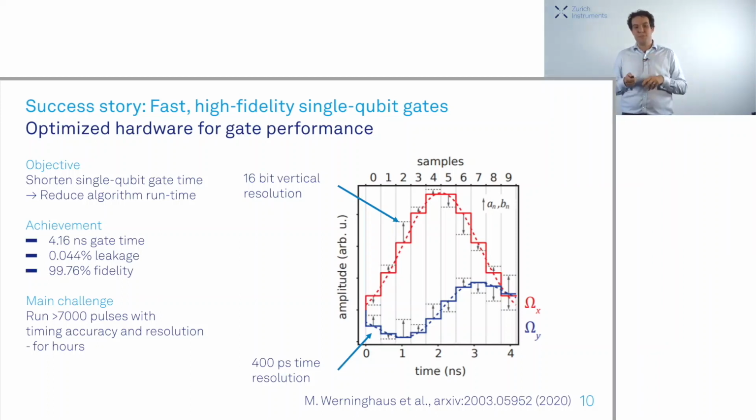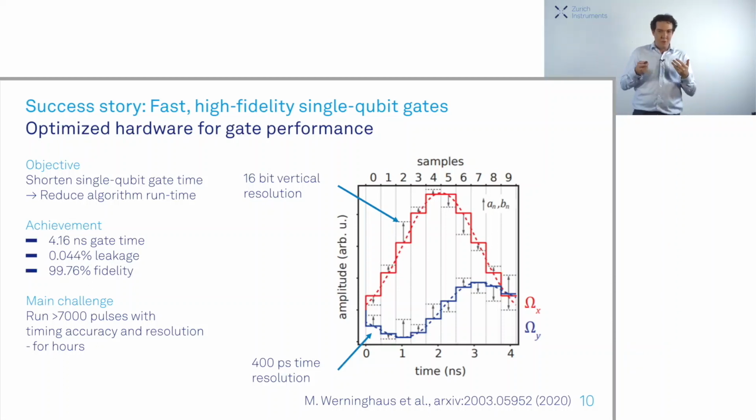And this gave them enough flexibility to change these step heights in an optimal control algorithm and try to minimize, with every shape change, the excitation of unwanted states which were close by.